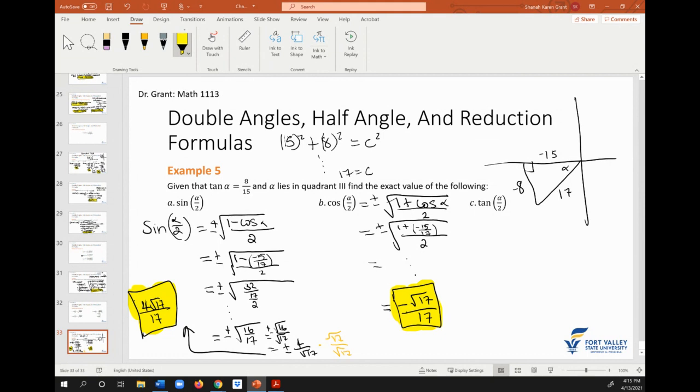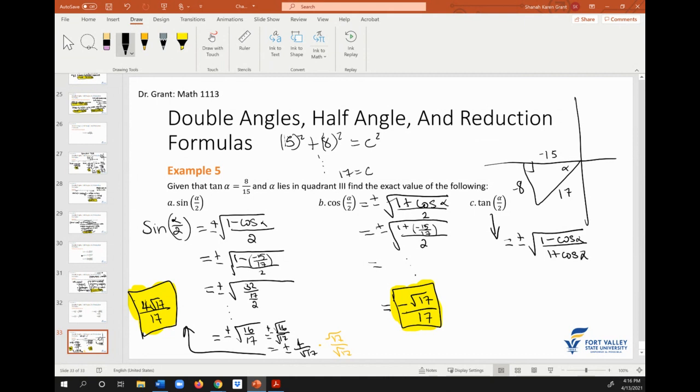In a similar fashion, we would go to tan. We know that tan of alpha over 2 is equal to plus or minus the square root of 1 minus cosine alpha divided by 1 plus cosine alpha.